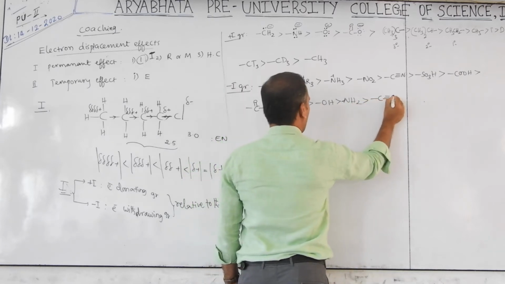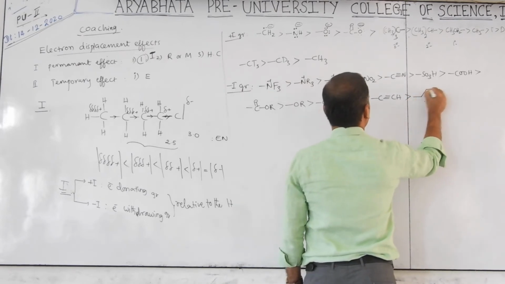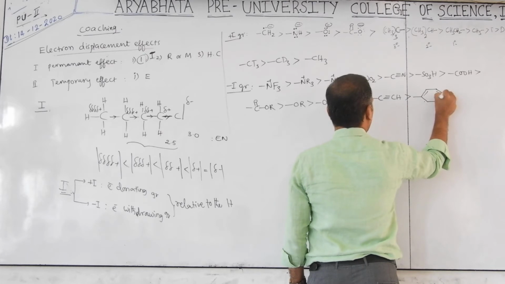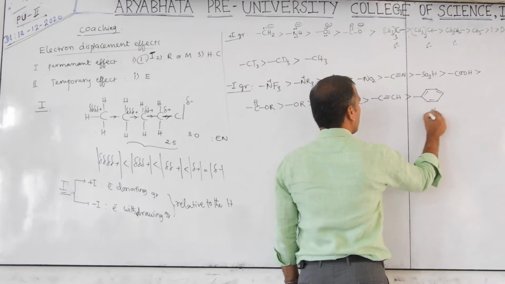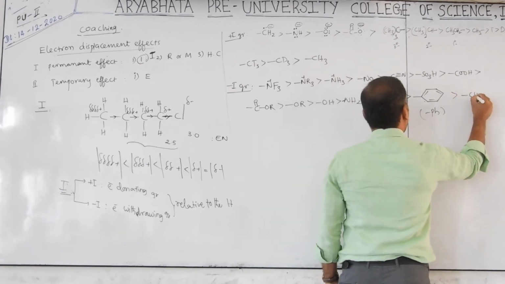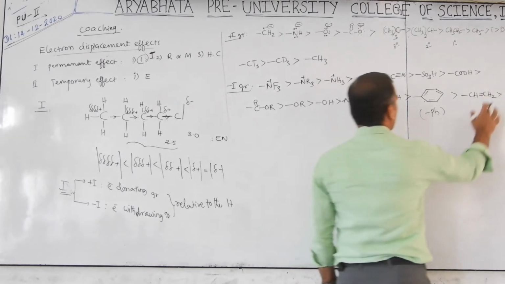Next, C triple bond CH. Next, phenyl, C6H5. Otherwise, you can write it as Ph. Okay. Next, CH double bond CH2. Like this.